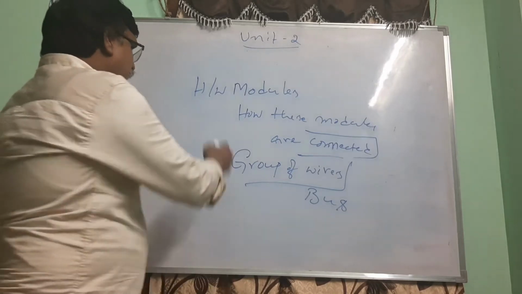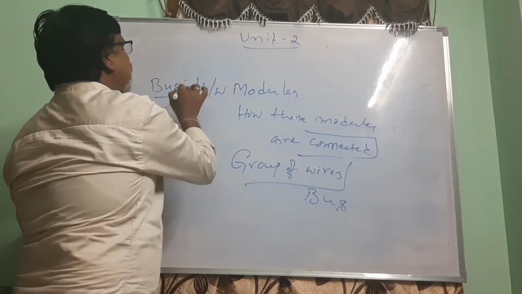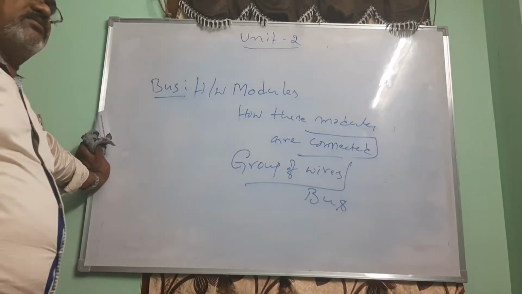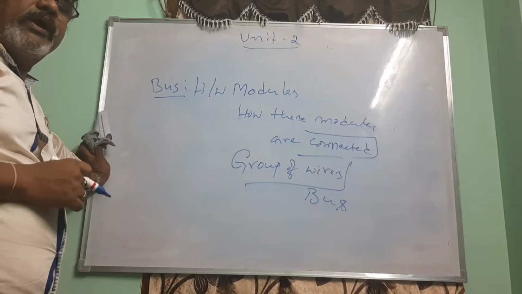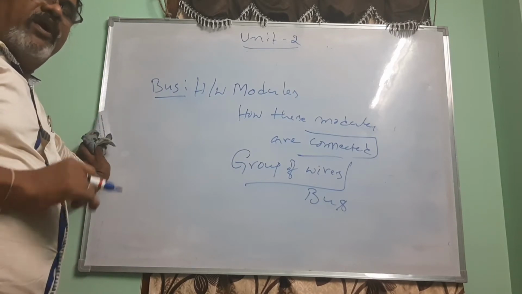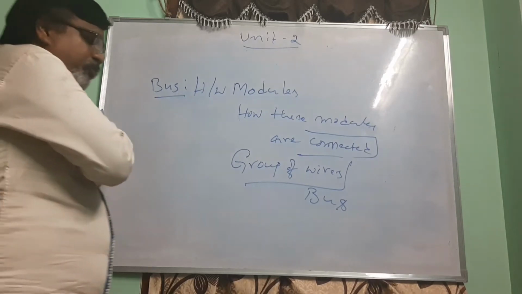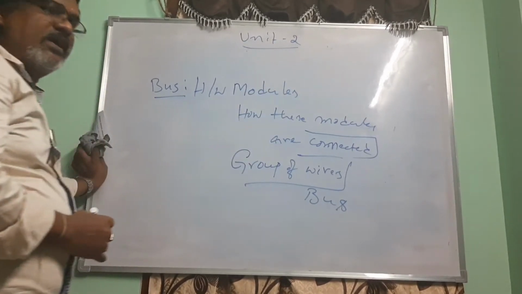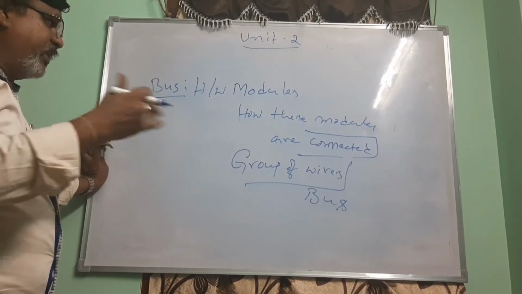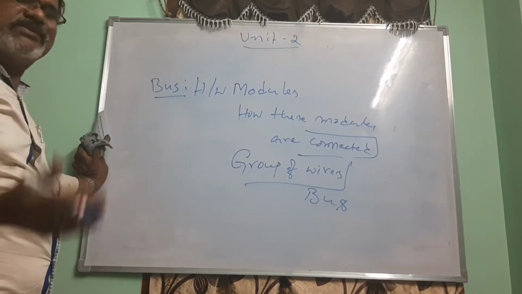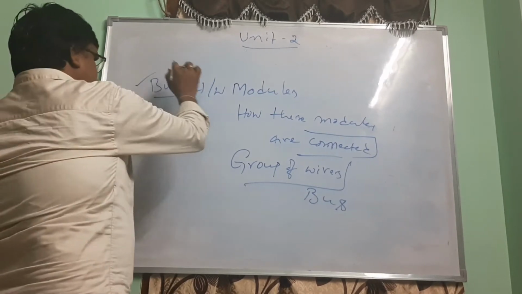So another definition of this chapter is, what is a bus? A bus is a provider that is used to interconnect various hardware modules of the digital system. If you want to initiate interconnection between various hardware modules of a digital system, you need a component called a bus.